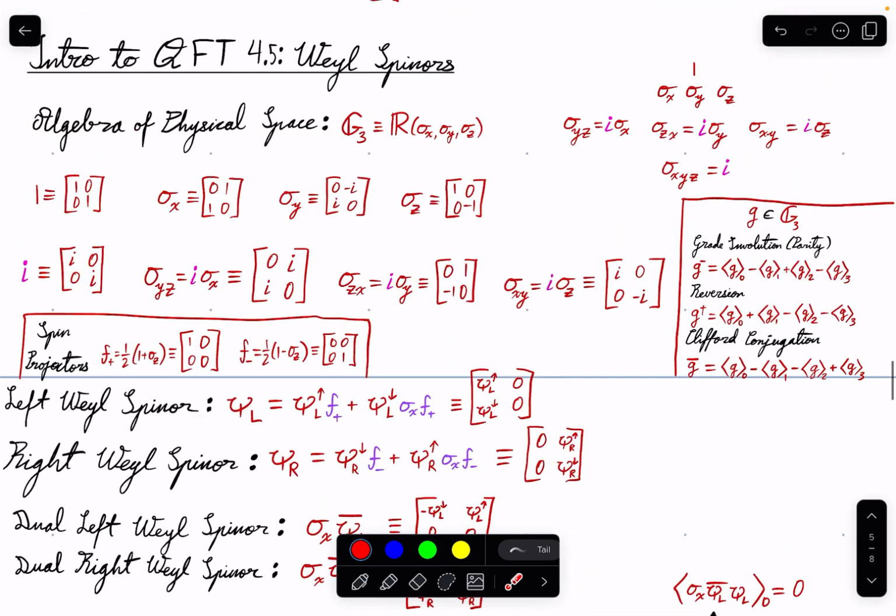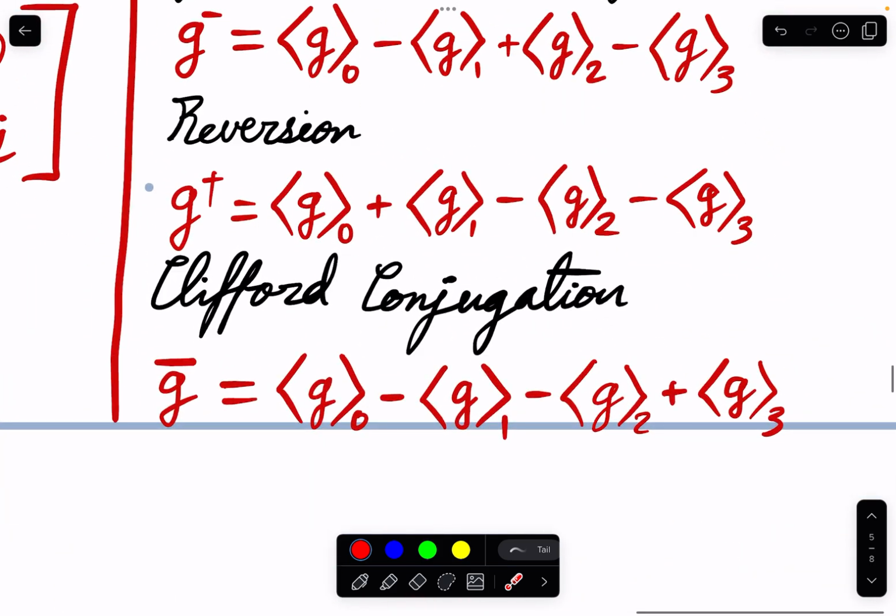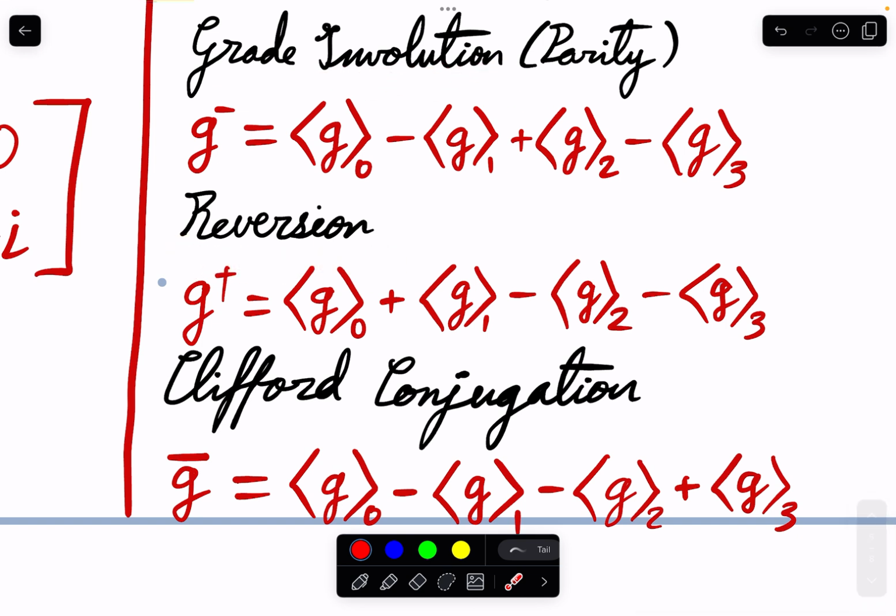Clifford conjugation is applying both grade involution and reversion, which you see minus plus minus, plus minus goes to minus, minus minus goes to plus. This is what Clifford conjugation does.